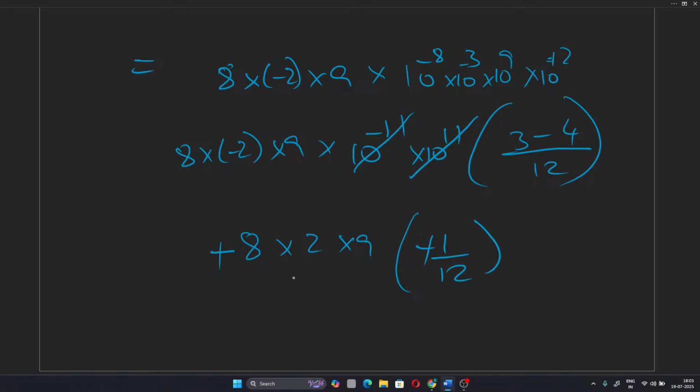Simplifying, the work done finally is 4 into 3, which is 12 joule.